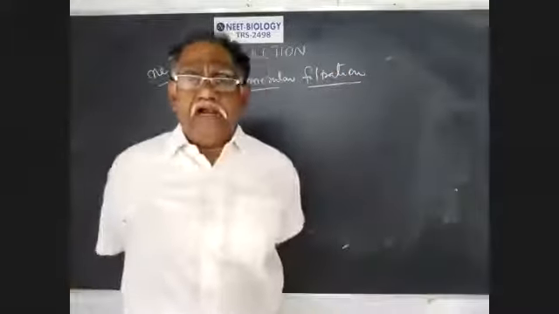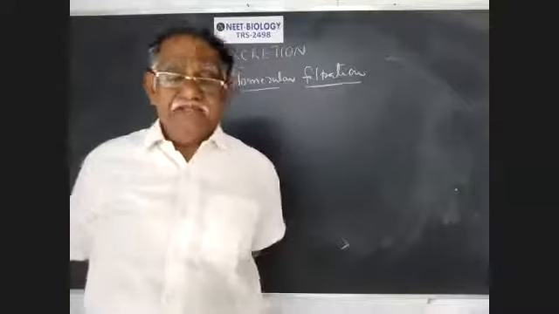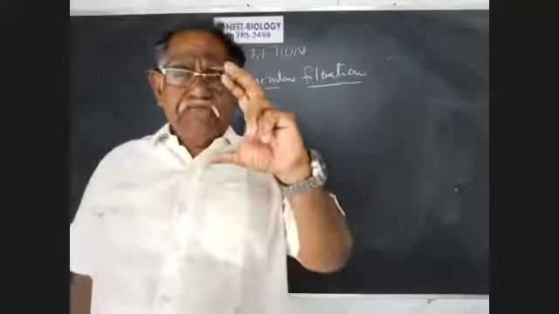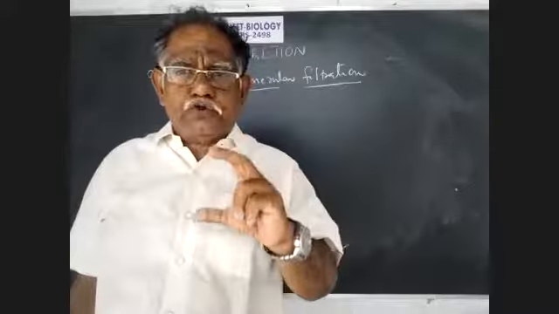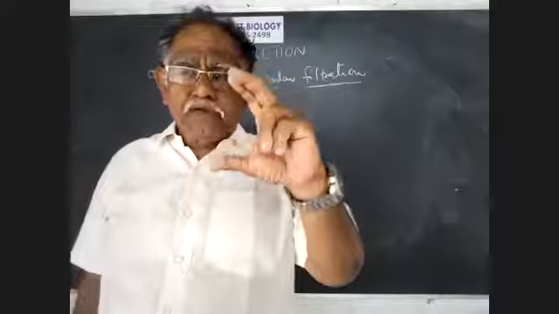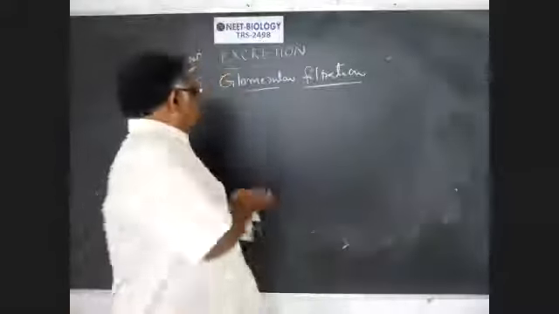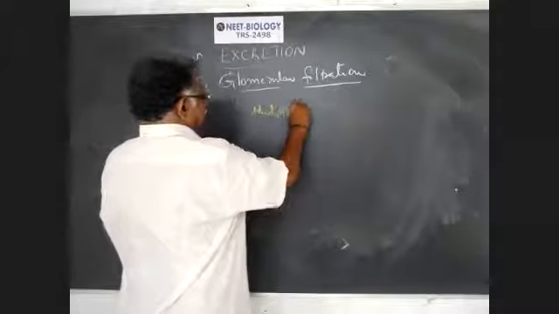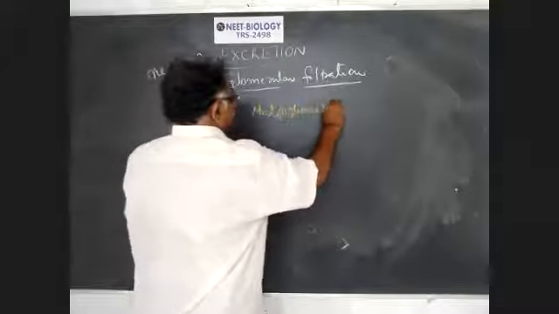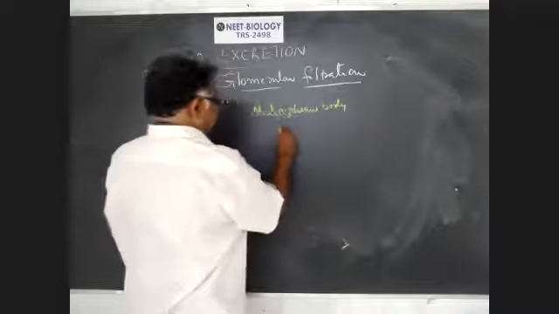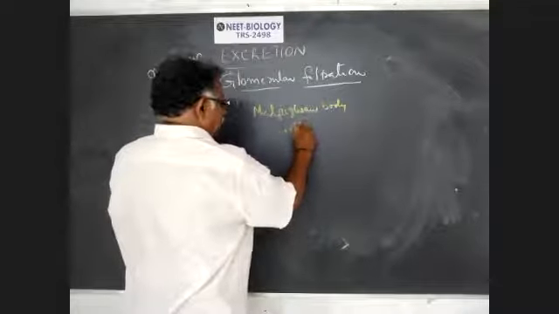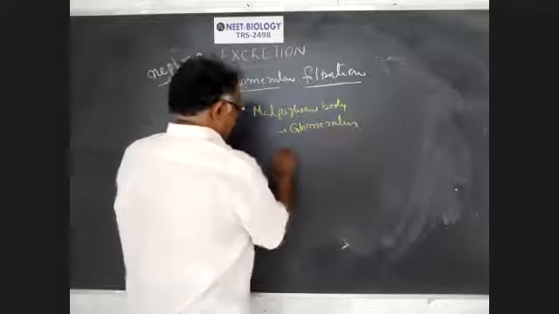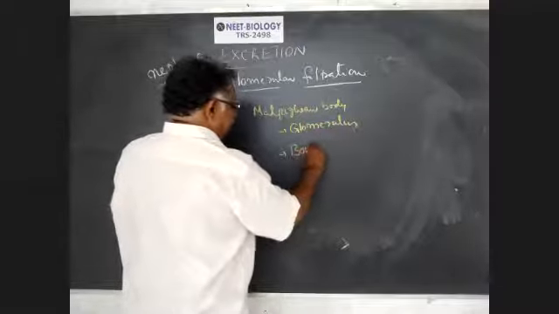Glomerular filtration. That means in the nephron there are two regions, Malpighian body and a renal tubule. Malpighian body consists of glomerulus and Bowman's cup.